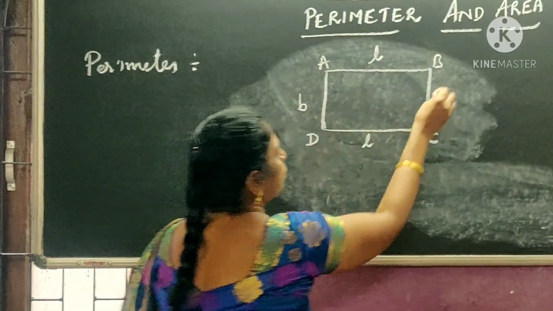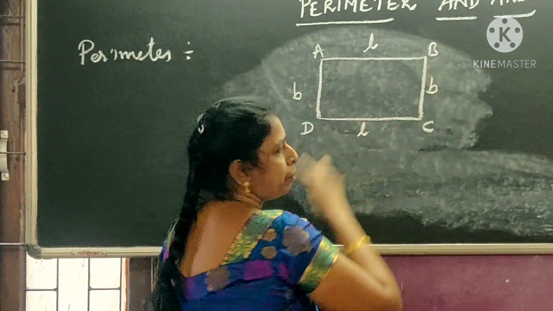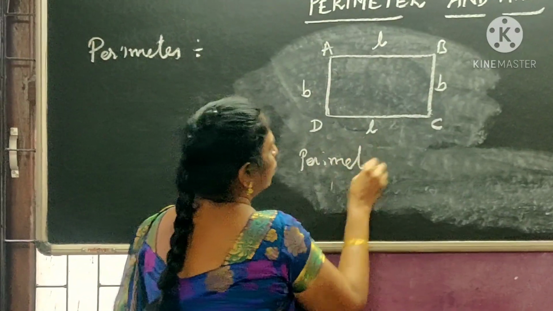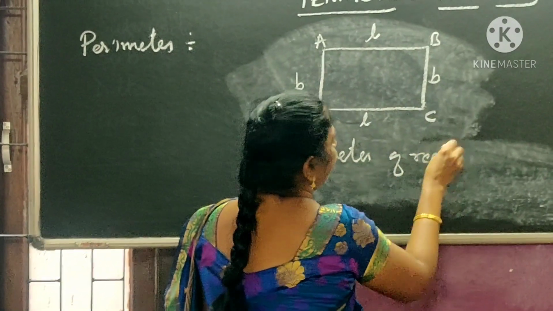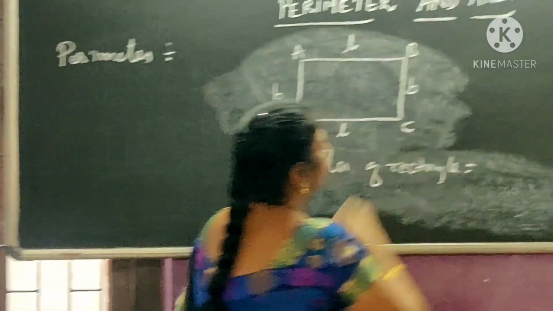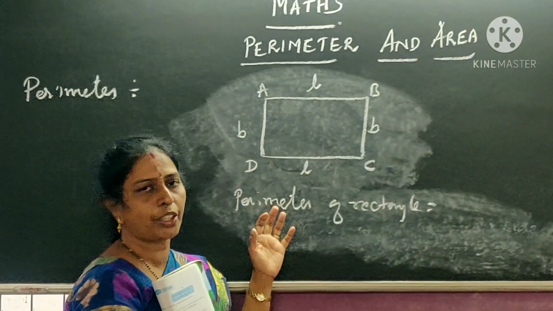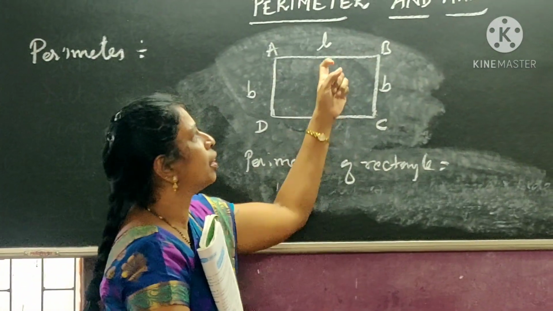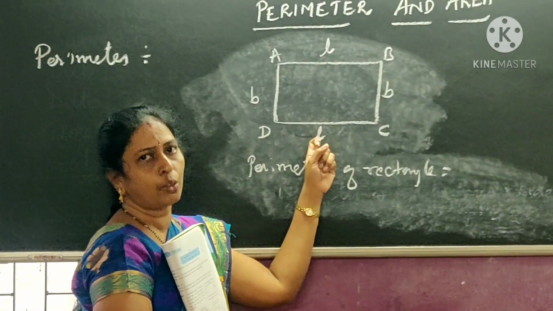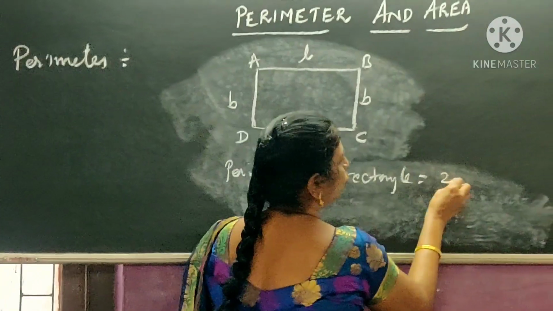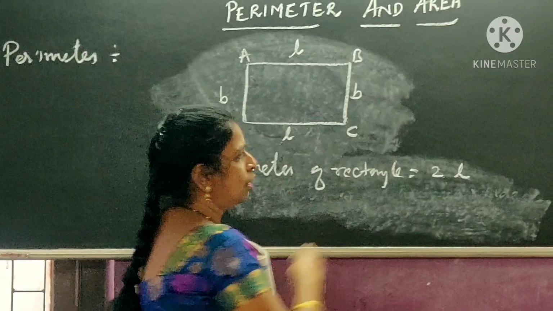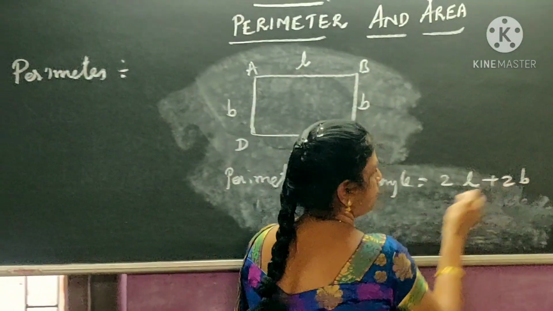These two sides are the breadth, that is denoted by B. Now, perimeter of rectangle. I already told what is called perimeter, sum of all sides of any figure. Now, here, how many lengths are there? There are two lengths. So, I am going to write 2L. How many breadths are there? 2 breadths. So, plus 2B.